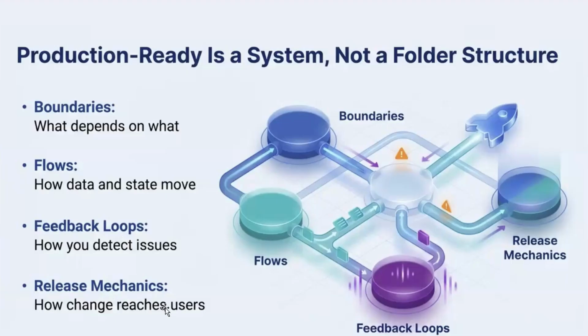And then the last part, so that also makes a system production ready, is the release mechanics. We have the manual method and the automated method. The automated method is what we call CI/CD, continuous integration and continuous deployment. While the manual method is where you build your own stuff, you manually build the AAB, you copy it, you put it on the console, you do everything manually.